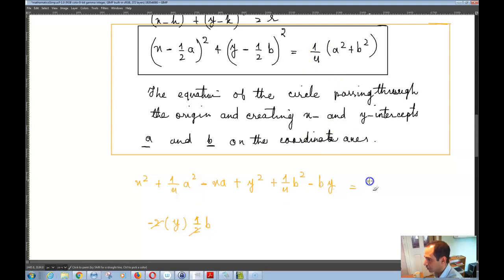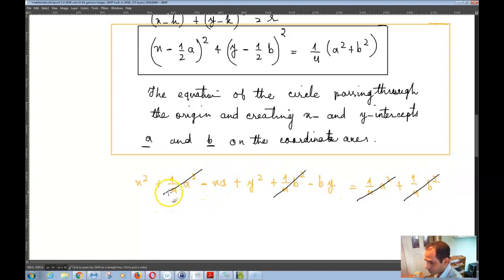And over here I have 1/4 a squared plus 1/4 b squared, so you can cancel those out.